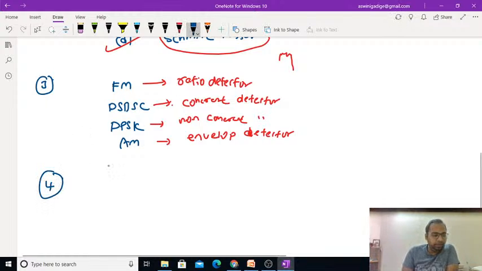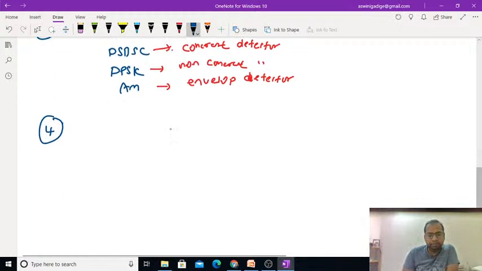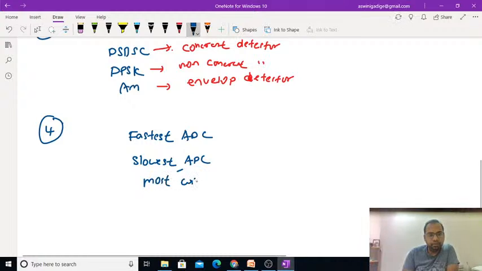Next, coming to the fourth one, it is also a list 1 and list 2 question. They gave the fastest ADC, the slowest ADC, the most widely used, and the resistor ADC.